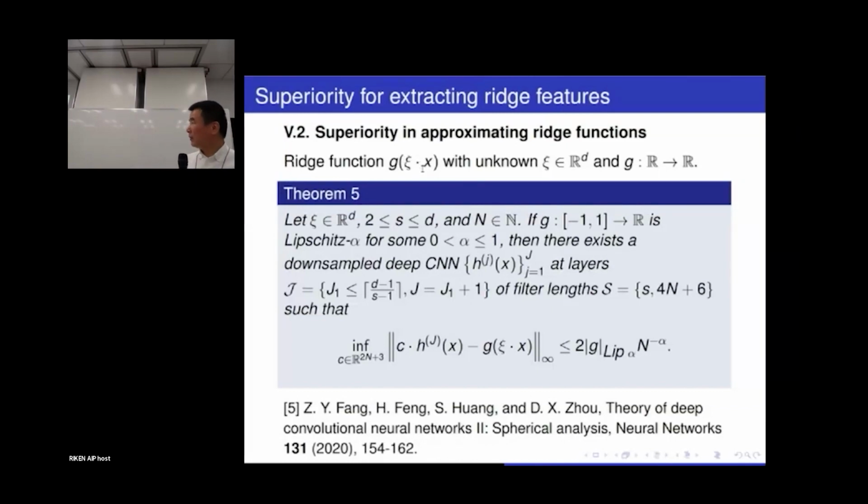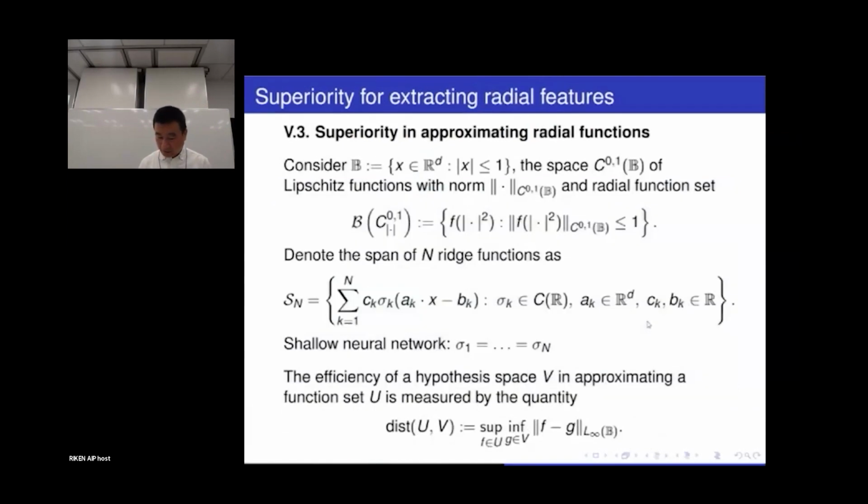We show that if the target function is a ridge function, then we can approximate it on R^d at the rate of n to the minus alpha, if the univariate function is Lipschitz alpha. It shows that this ridge structure enables the deep CNNs to get very good rates of approximation, although the algorithm itself does not know the ridge structure, but the convolution automatically extracts the ridge structure of the target function.